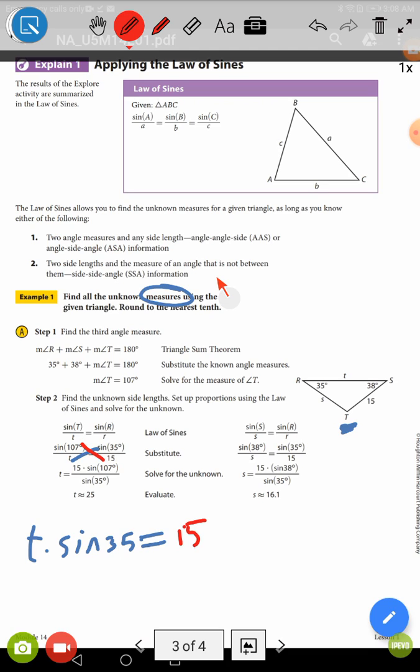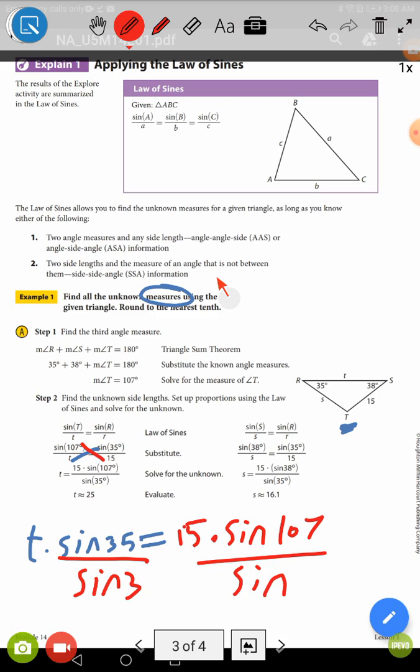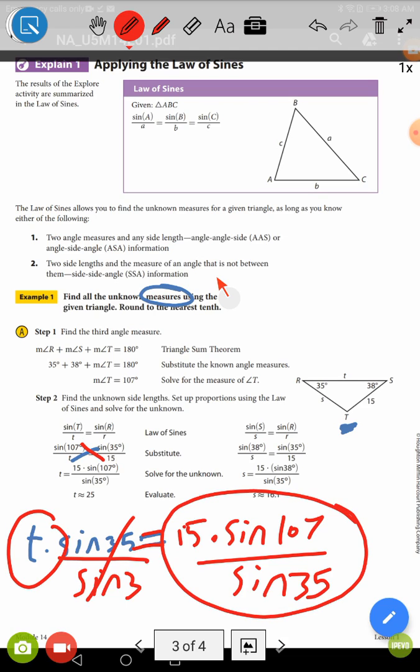Then divide by sine 35. So T equals, using the calculator, about 25.